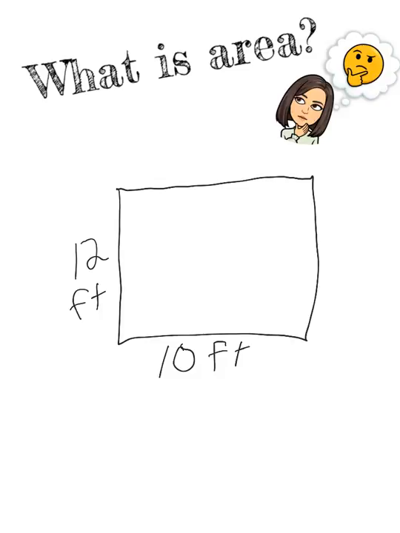So the area means, what is the size of your room. So if one side is 12 foot and the other side is 10 foot, and you multiply those together, then you have 120 foot of space, which is the area of your room.